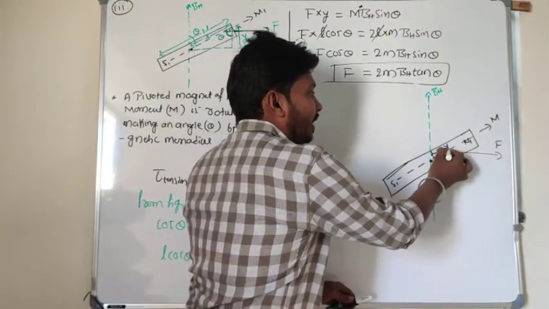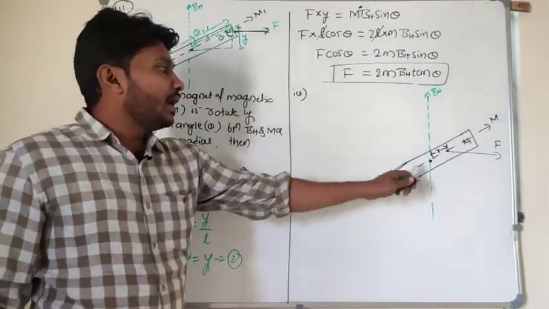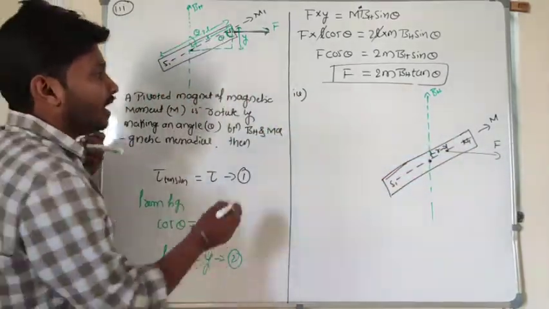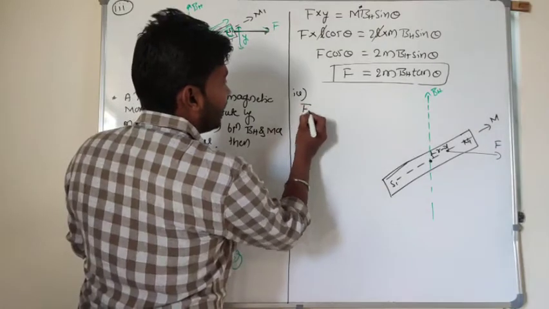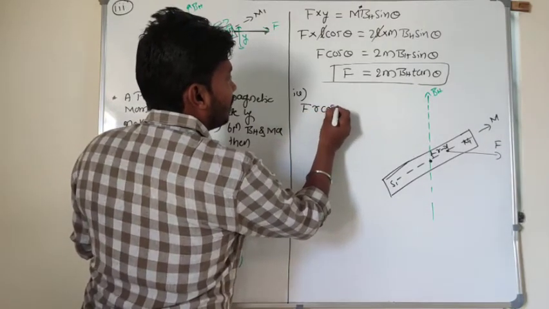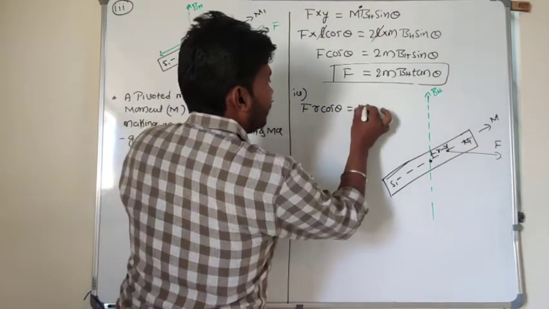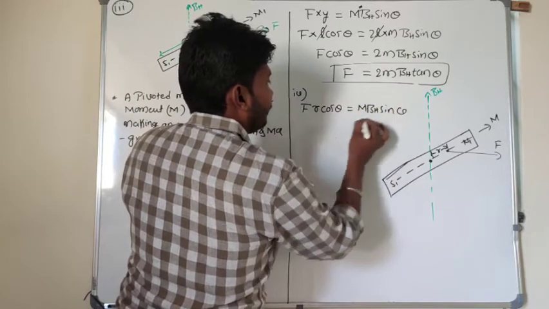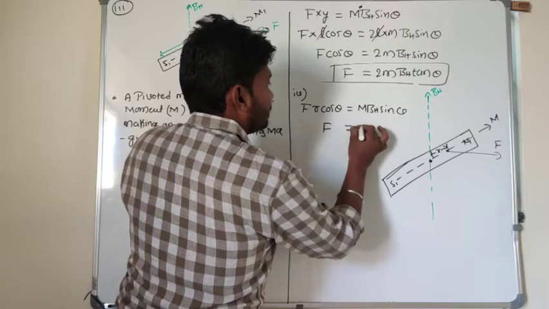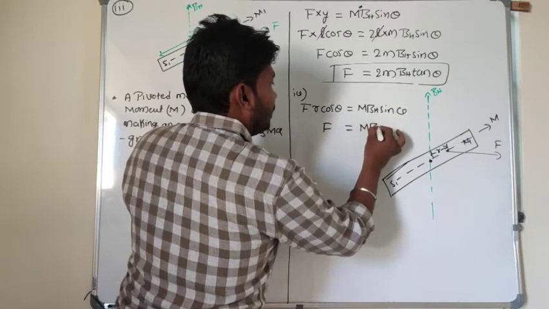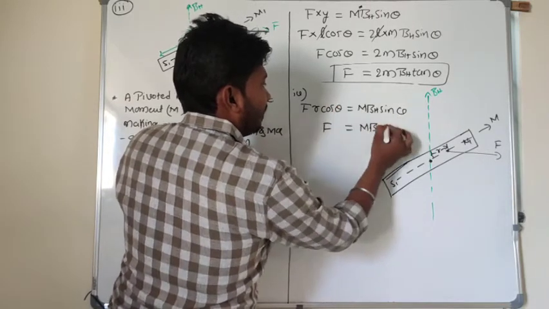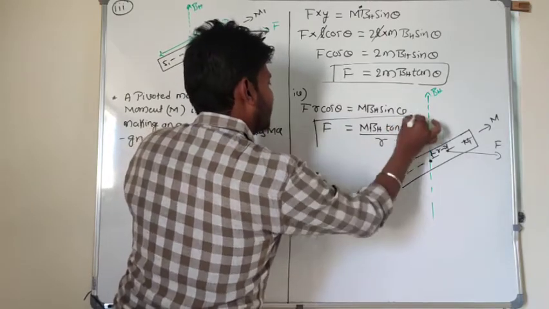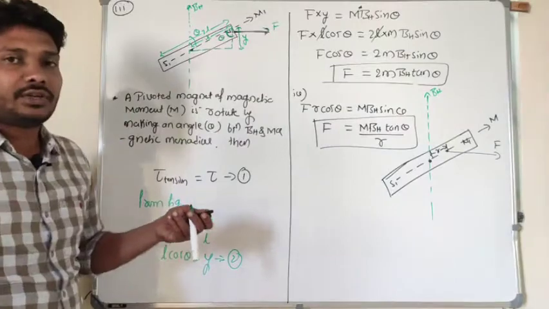If I apply the force at a distance r from the pivot, what will be the force value? Directly I can take F into r cos theta, which is equal to m into B_H sin theta, right? F is equal to m into B_H sin theta by cos theta, that is tan theta, divided by r. This is the required expression.